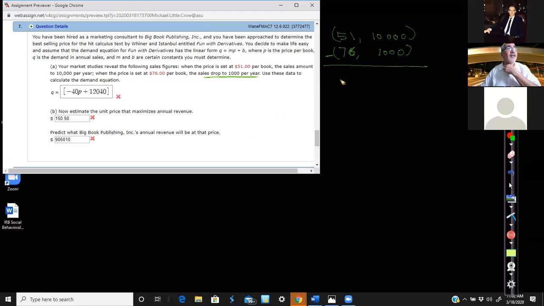So when we subtract these two, we end up with negative 25, which is fine, and 9,000. Take 9,000 divided by negative 25, and we get negative 360 as our slope.